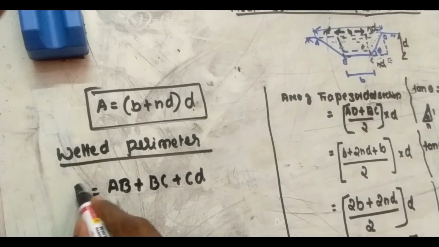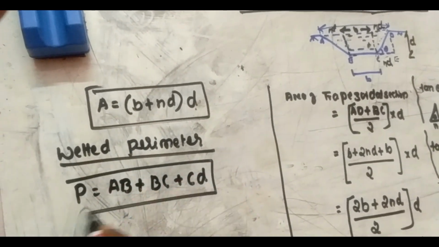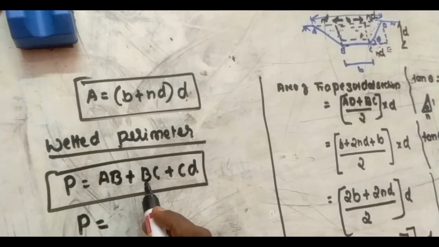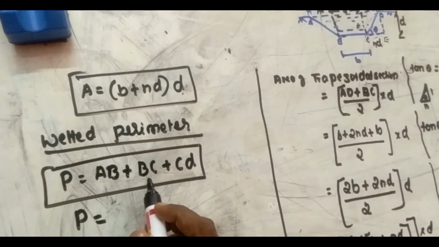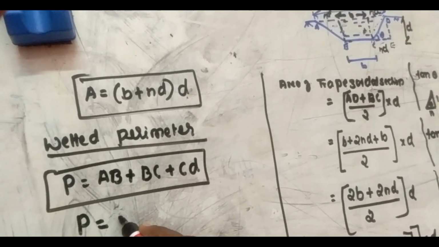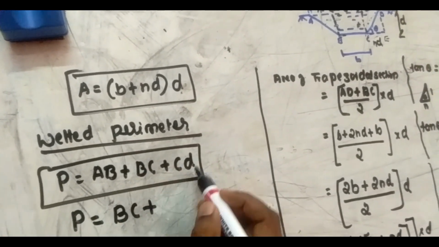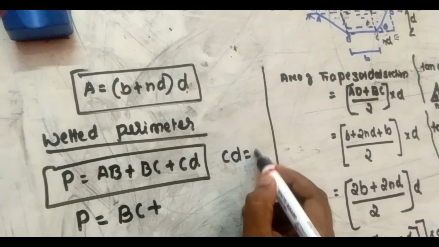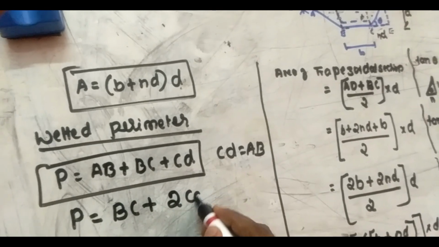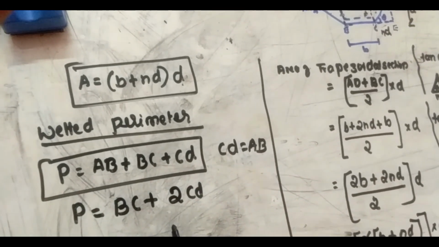So P is equal to AB plus BC plus CD. How can we write AB? We don't know, but AB is equal to CD, so the perimeter is BC plus 2 into CD, correct? 2 into CD.